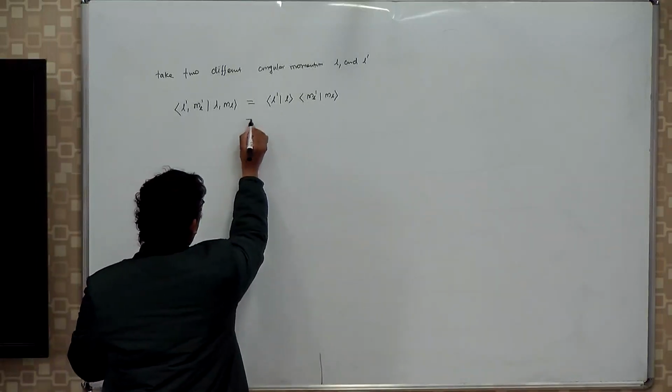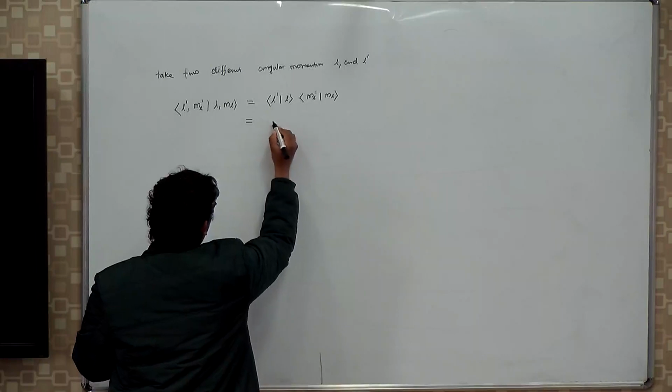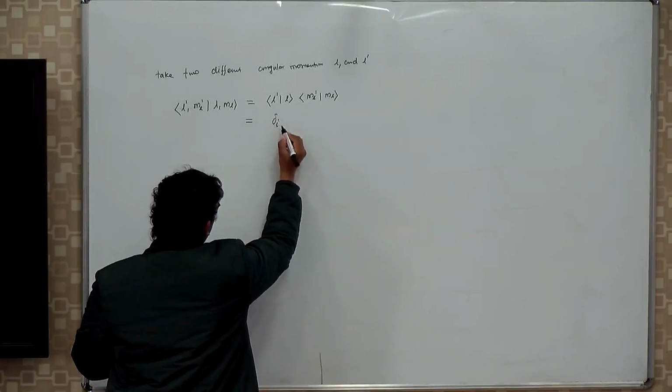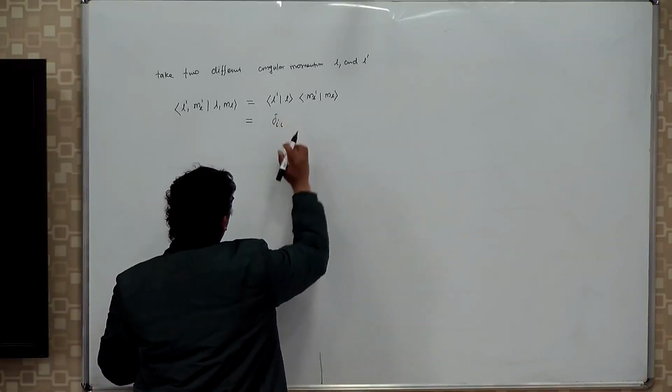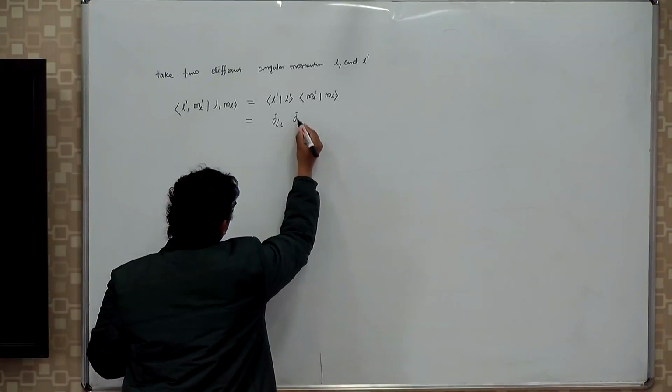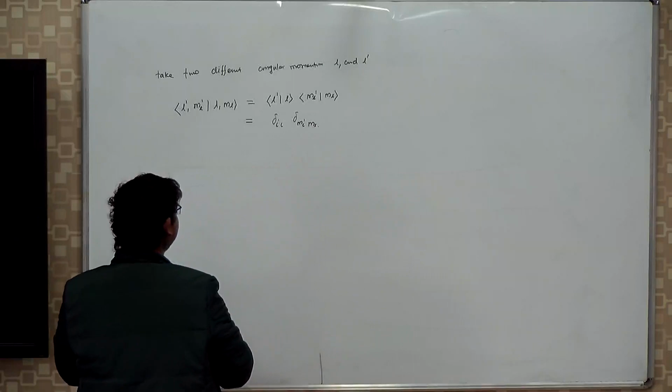According to the Kronecker delta function, we can write this as delta L dash L and delta mL dash mL.